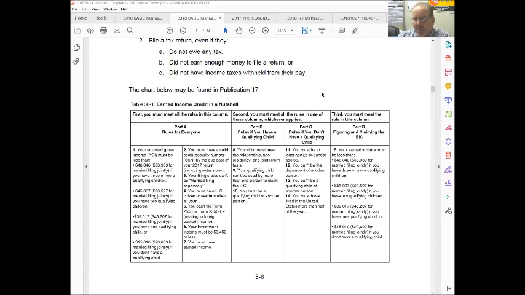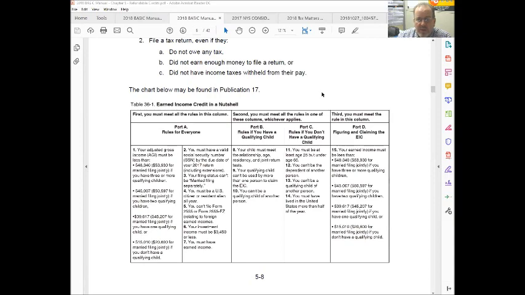Part C. This is another one that people don't realize a lot of times with the earned income credit. You must be at least age 25 and under 65. So sometimes grandparents are claiming grandkids, and once they reach 65, they can't figure out why their refund decreased. Well, if they're over 65 and still working with earned income, they no longer get the earned income credit.